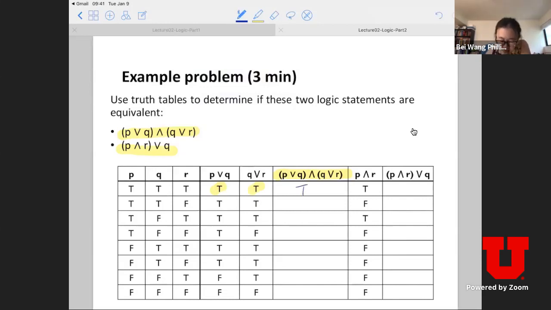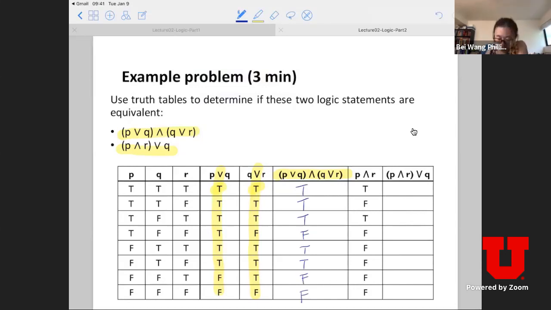If it's an AND operation, I only need to focus on the 4th column and the 5th column. So the second row, true and true is true. Third row, true and true is true. Fourth one, true and false is false. True and true is true. True and true is true. False and true is false. And false and false is false.